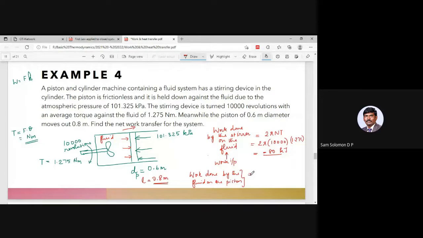this is equal to, if you remember, W is integral PdV. Okay, and here this formula was derived, if you remember, W was F times dL. So this can be taken directly. This force was nothing but pressure multiplied by area, into the displacement.